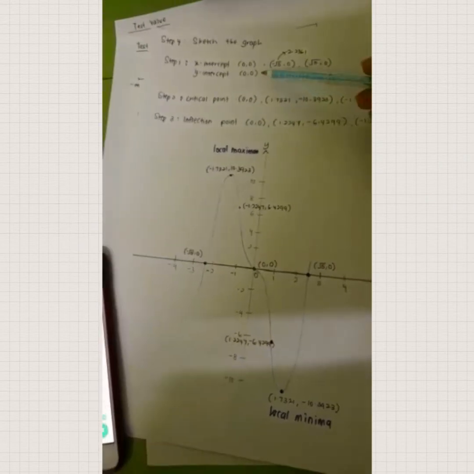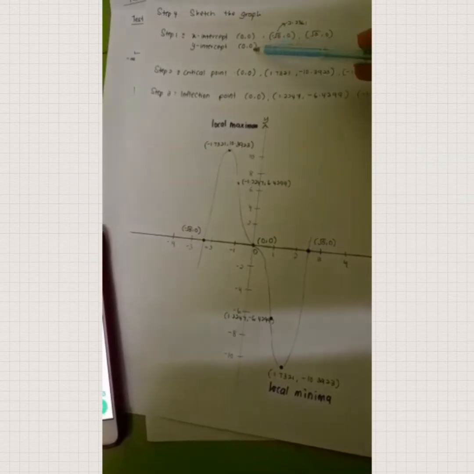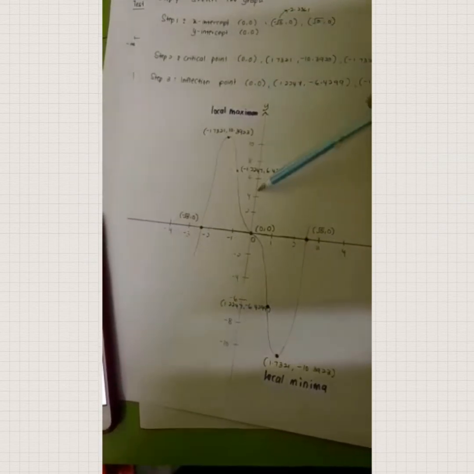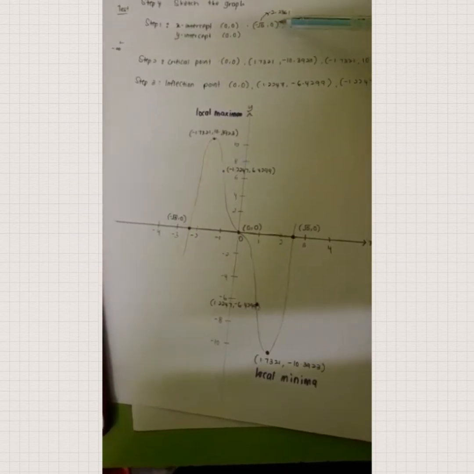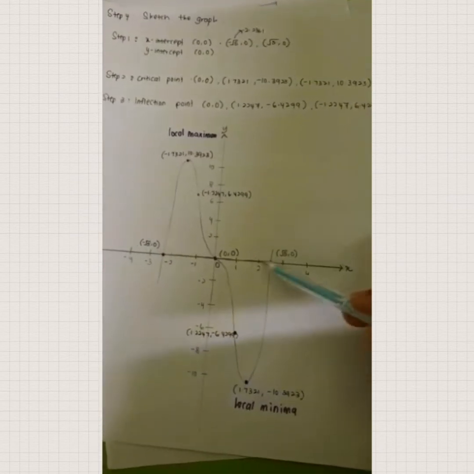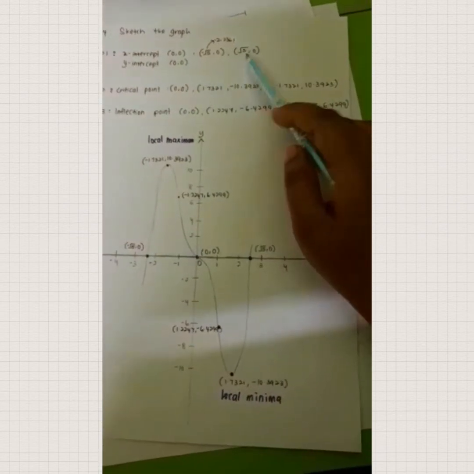I just plot from these values. 0, 0. Negative square root 5, 0, then positive square root 5, 0.